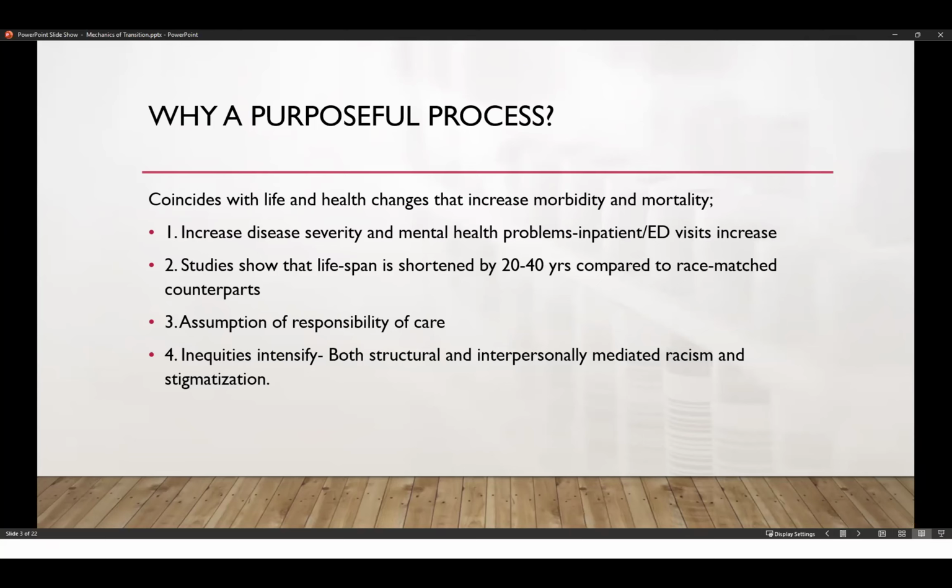So it has to be a purposeful process. The other piece is that inequities intensify, both structural and interpersonal mediated racism and stigmatization. When kids are really young and coming to the hospitals, they are coming with parents or caregivers who may face these things for them, but at this age it becomes a situation where you have to be purposeful in terms of your process. Next slide, please.